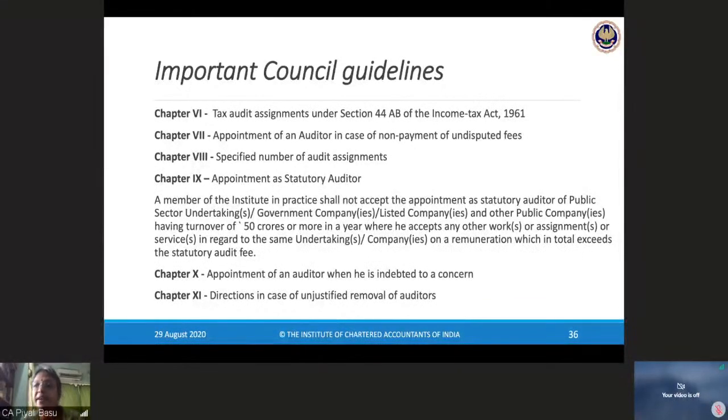And these are all per year, remember. In case of tax audit also, it is per financial year. It is not carried forward. Every year you can have that. Similarly for audit assignments also, it is not more than 20 per partner per year.